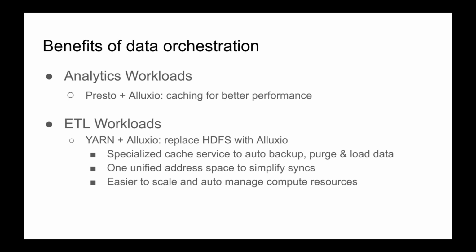Alluxio also provides one unified address space, so that synchronization across different workloads is much simplified. And we only need one Hive metastore because all the data now can point to S3 or Alluxio. And another important benefit here is we can much more easily scale and auto-manage compute resources so that we can get better performance at the same time.